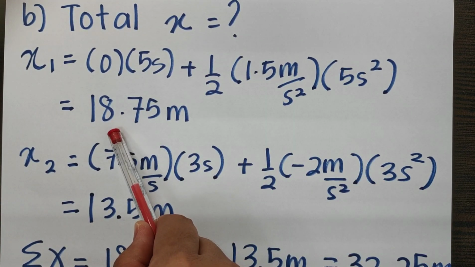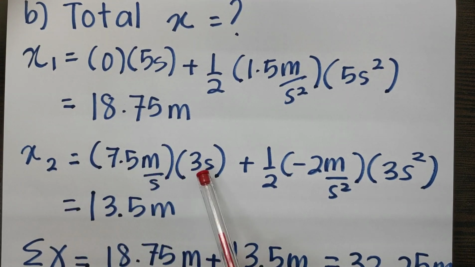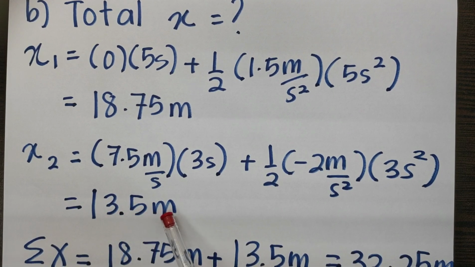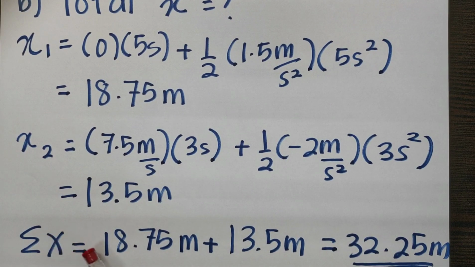So you get 18.75 meter. For part 2, you get V naught T plus half A T squared, and you get 13.5 meter. So altogether, the truck has gone 18.75 plus 13.5 meter, which is total 32.25 meter.